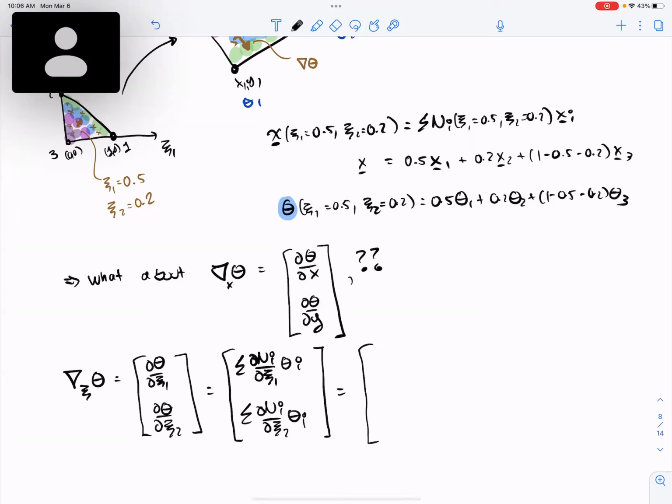I can expand this out even more because the first shape function is just psi1. So the derivative of the first shape function with respect to psi1 is just 1 times theta1, plus the second shape function is psi2, so the derivative with respect to psi1 is just 0. And then the third shape function is 1 minus psi1 minus psi2, so the derivative with respect to psi1 is just minus 1.